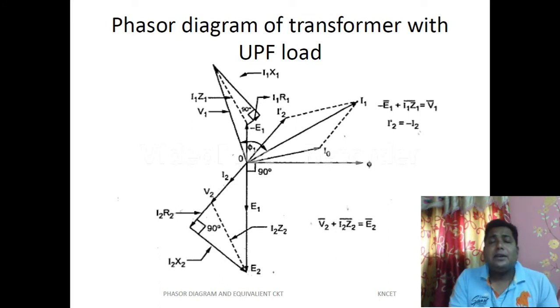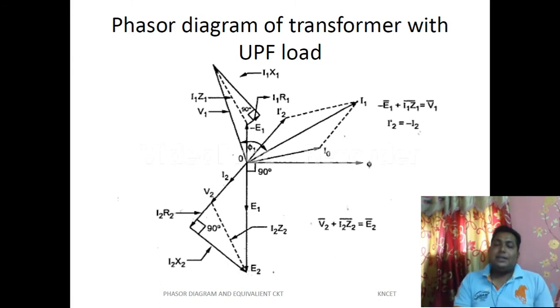So the types of load are unity power factor load, lagging power factor load, and leading power factor load. For these three types of load, we are going to see the different phasor diagrams.